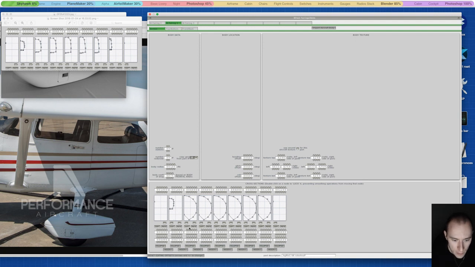Yeah, copy, paste. Does it also work cross tab? So if I do copy there, and I do paste here. No, that doesn't work. Unfortunately.